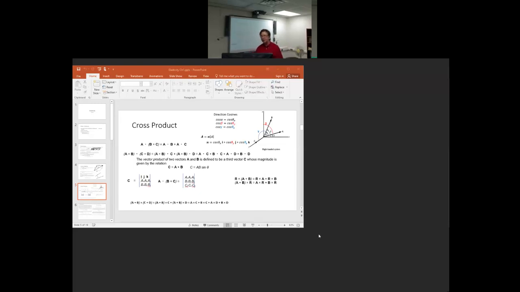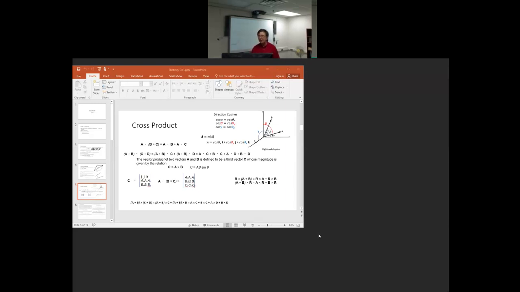The result of cross product is a vector. And you can see, again in the same drawing, if you have A cross B, the angle between them is theta, and if A and B are defining the xy plane, then the result is a vector perpendicular to the xy plane, along the z direction, and it is positive in this particular case because A is first and B is second.